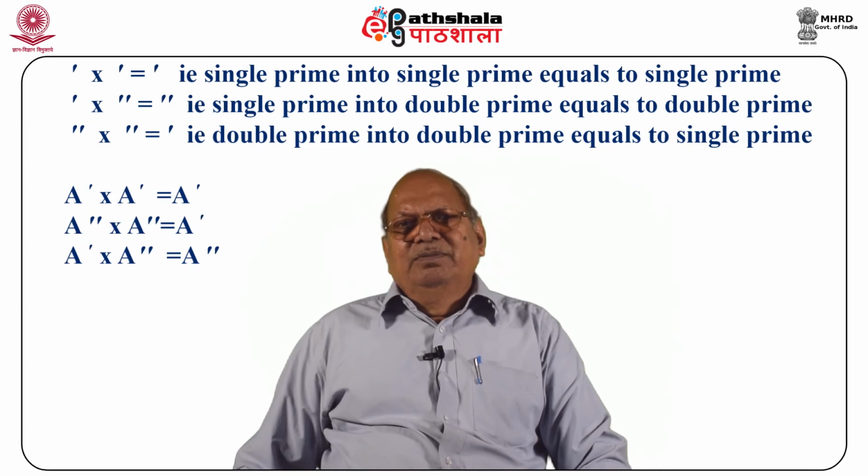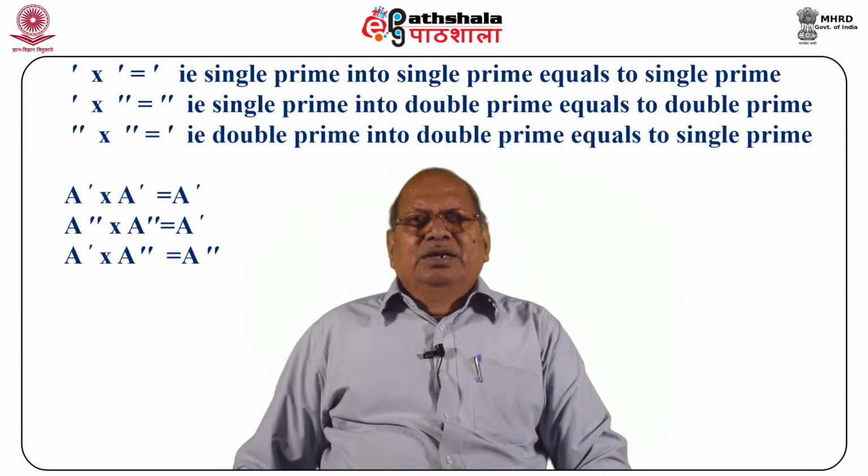Like this, A1 prime into A1 prime is A1 prime, A2 double prime into A2 double prime is A1 prime, A1 prime into A2 double prime is A2 double prime.